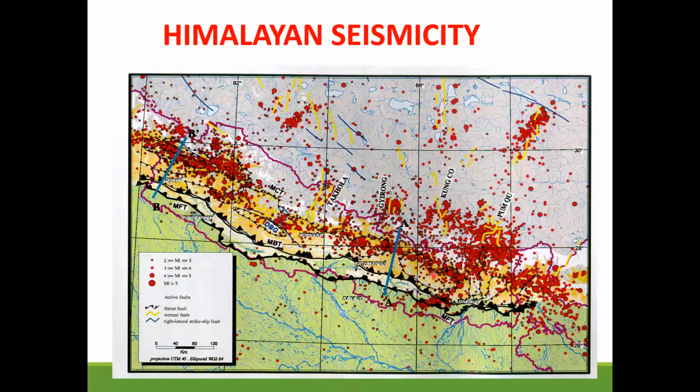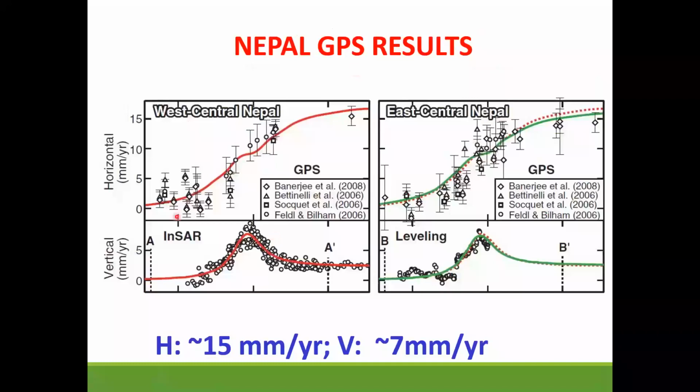And then if you look at GPS data, this is again from Nepal. What you can see is it's the middle part which is most active. This is your vertical velocity, and it's the horizontal velocity. So if you look at the horizontal velocity, it basically increases as you go back into the wedge, and the vertical velocity increases somewhere in the middle.